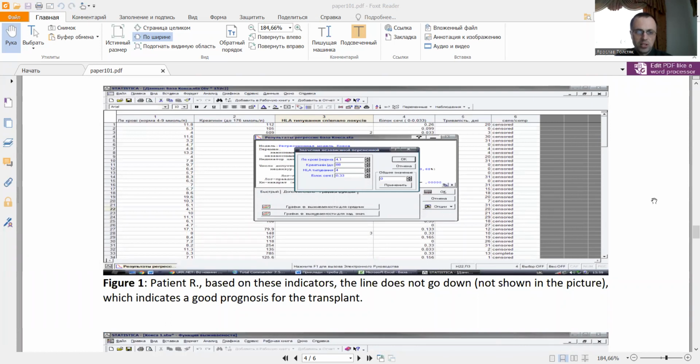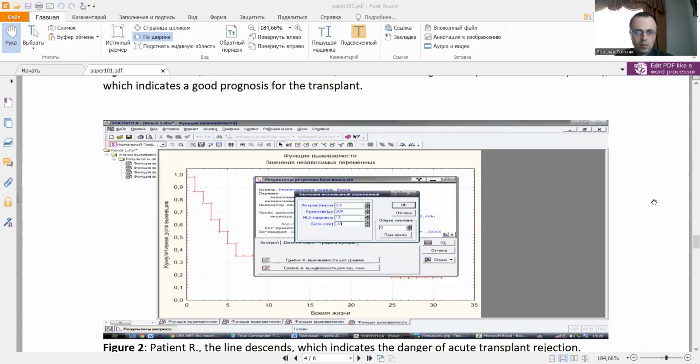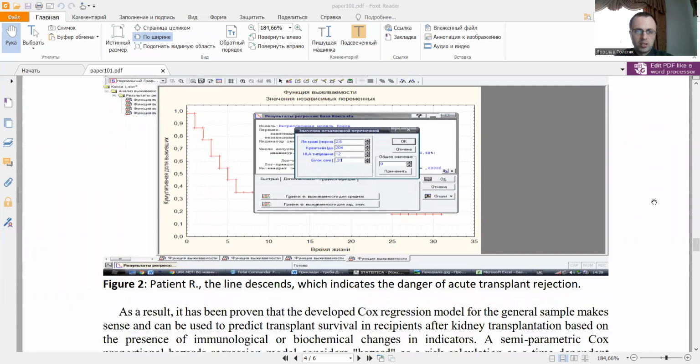Figure 1. Patients are distributed based on the indications. The line shows which indications suggest a good prognosis for the transplant. The functional errors in the death centers indicate the danger of acute transplant rejection.